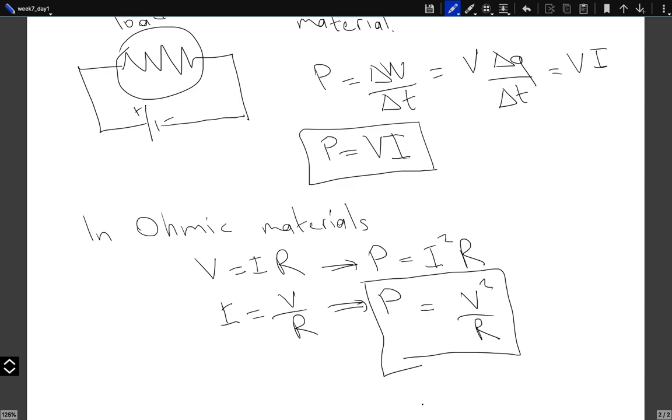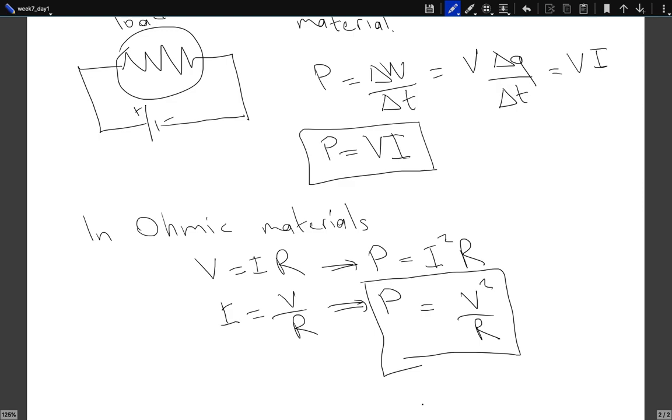So basically, if in a given system you know that the current is fixed, then this will be more useful for you. But if the potential is fixed, which will be the case in most practical cases, like when you are using a battery, you are basically fixing the potential.